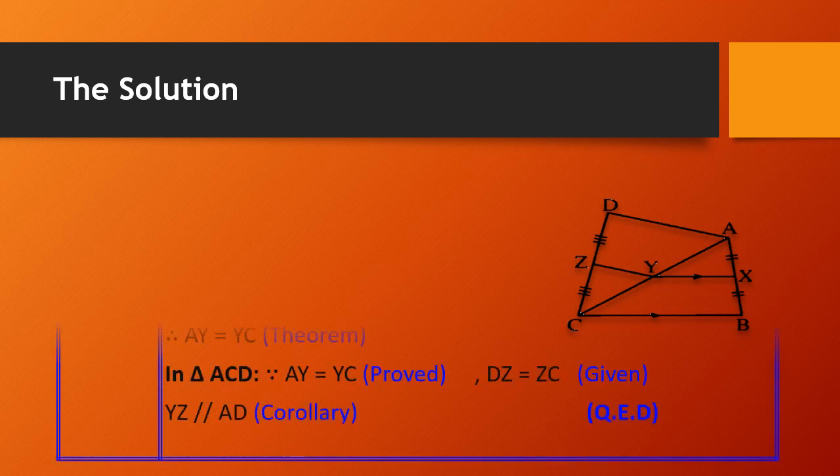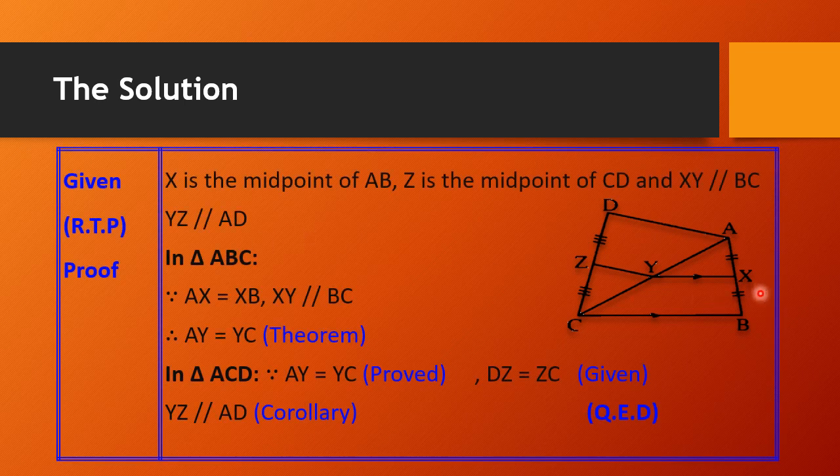The solution. Given X is the midpoint of AB, Z is the midpoint of CD, and XY is parallel to BC. RTP: YZ parallel to AD. The proof.